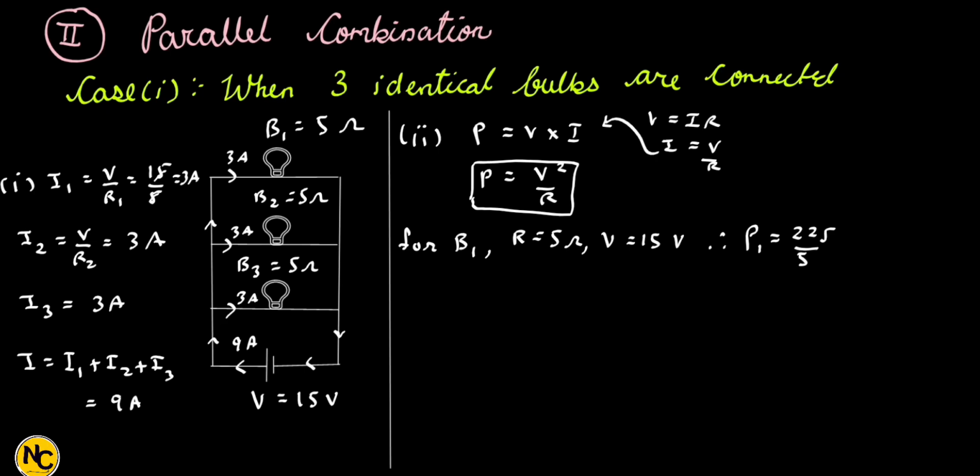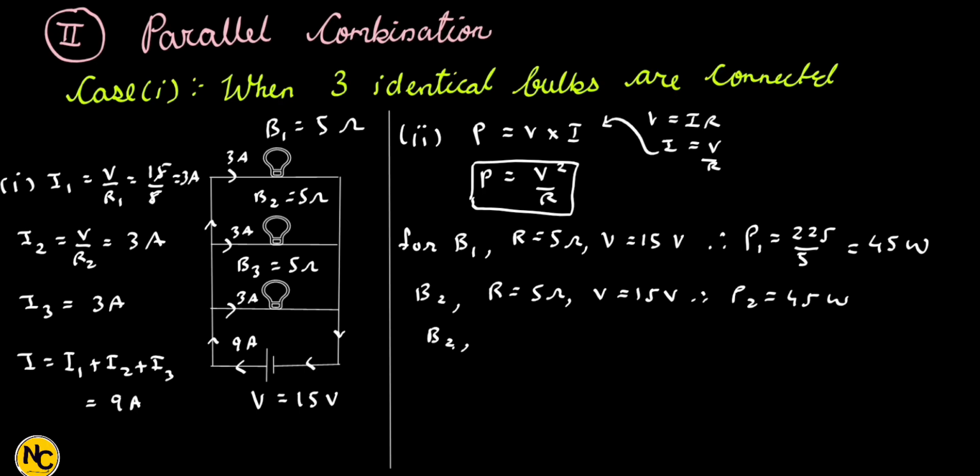So 225 upon 5 is nothing but 45 watt. Similarly for the bulb B2, resistance is equal to 5 ohm and V is equal to 15 volt. Therefore, we will get P2 is equal to 45 watt. Again for B3, that is bulb 3, we will get P3 is equal to 45 watt.